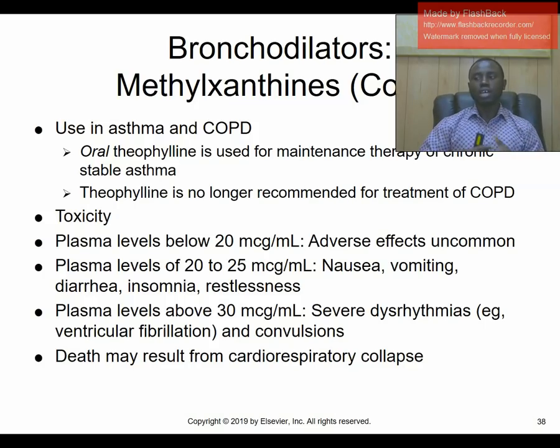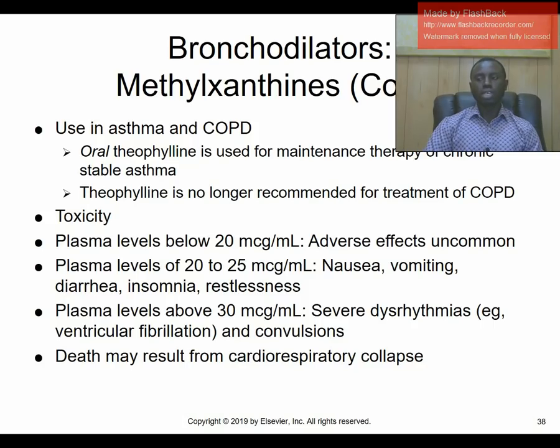Plasma levels above 30 micrograms per milliliter cause severe dysrhythmias such as ventricular fibrillation and convulsions, and death may result from cardiorespiratory collapse if it is not reversed immediately.